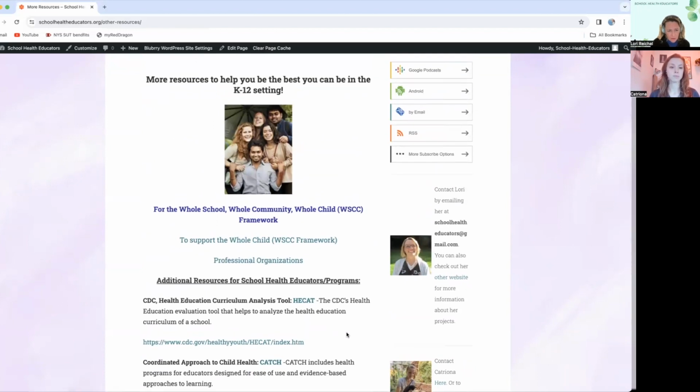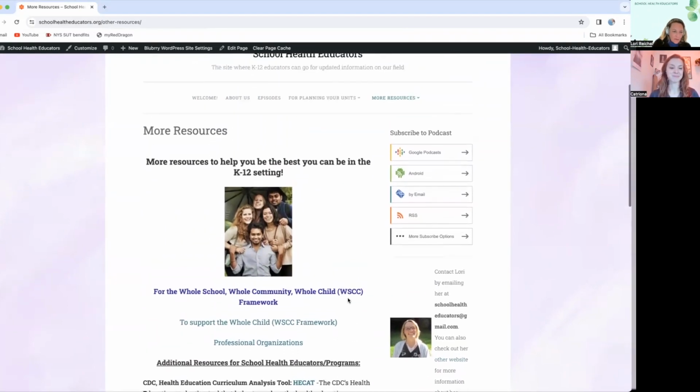And then Catriona created additional buttons or tabs, mini tabs, for information to support the whole child as well as professional organizations. And would you like to explain one of those, Catriona?